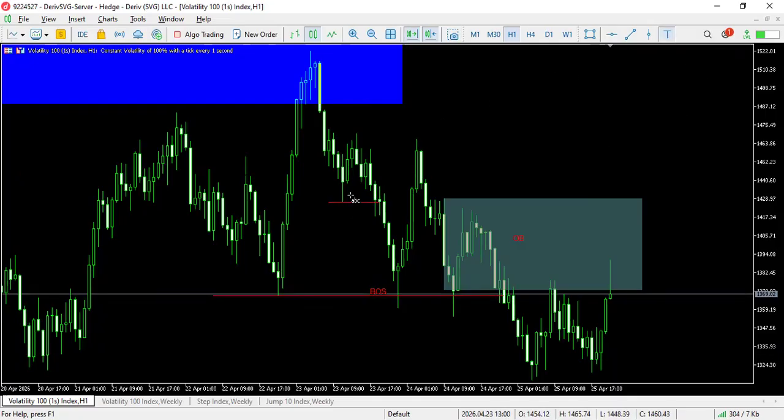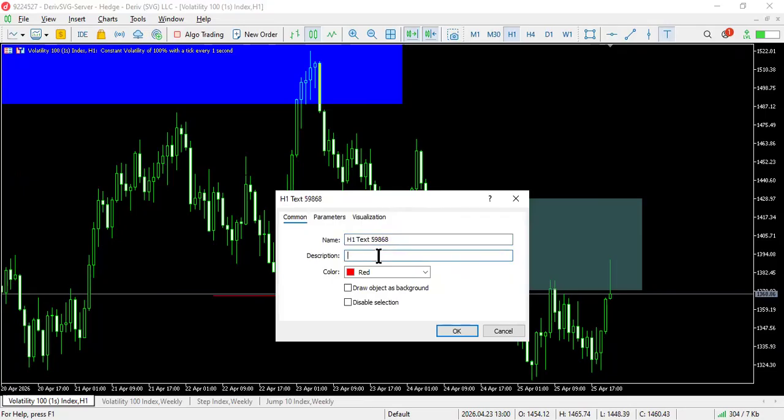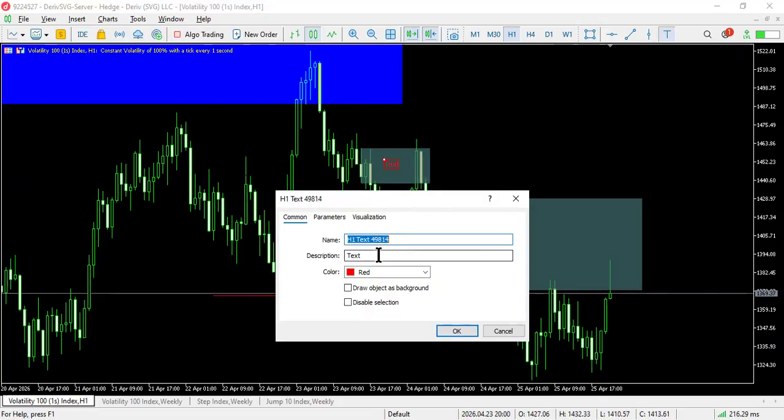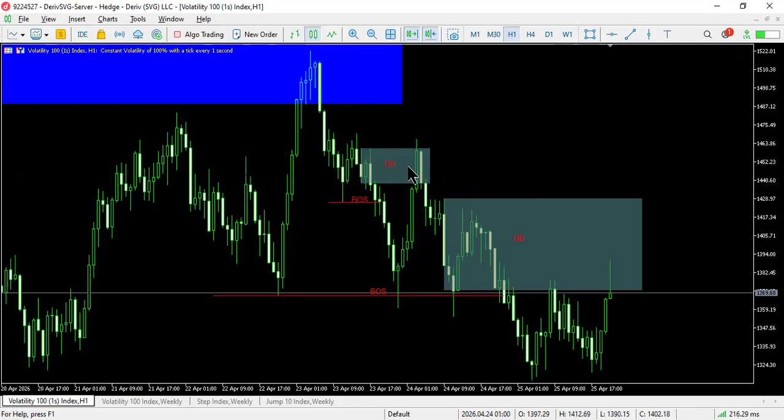So we have that internal break of structure, and then the order block which caused the break of structure, it's that order block right there where price stepped in from the tweezer top, which dished out a full movement. Price tapped into this order block, formed the tweezer top, and then we got a push to the downside, which hit our TP at this swing low.